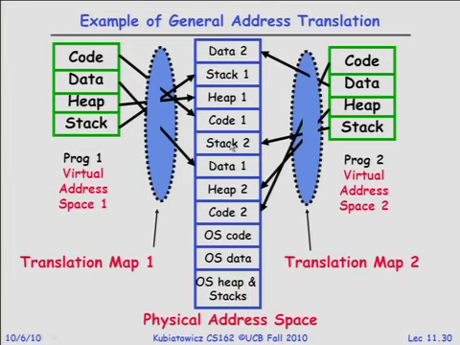So we're going to want to make sure that every one of these chunks in the DRAM are exactly the same size, regardless of how we want to use them. But basically, what we want is a general translation mechanism that can take anything from this user program and map it to anything in the DRAM, and anything from this user program map it to the DRAM, and do so flexibly. Okay?